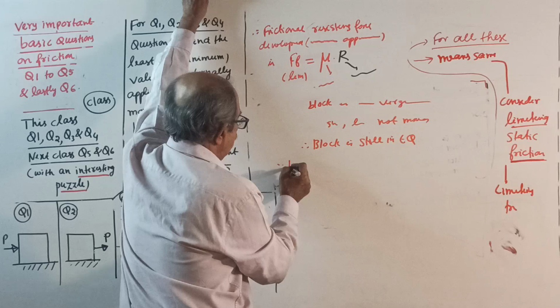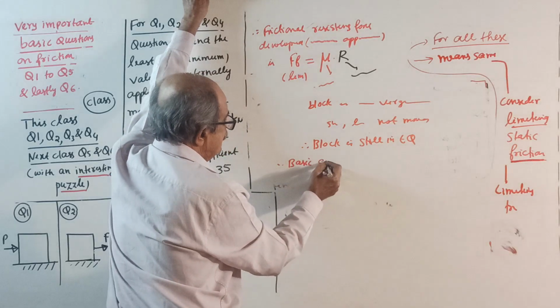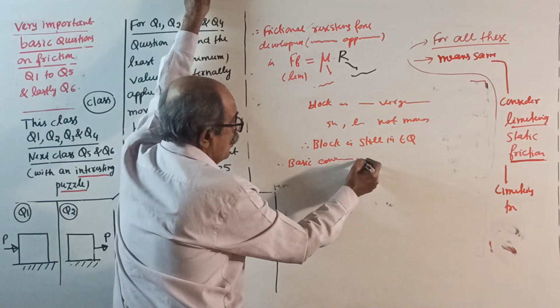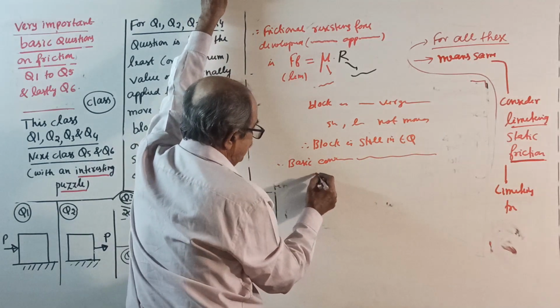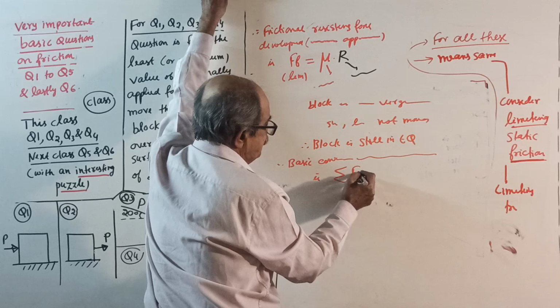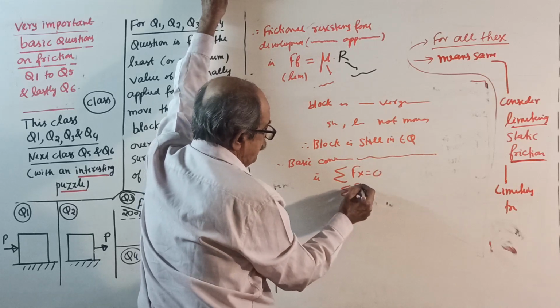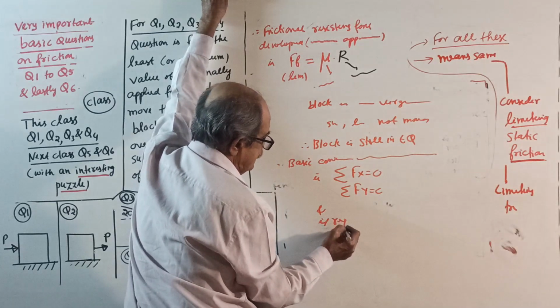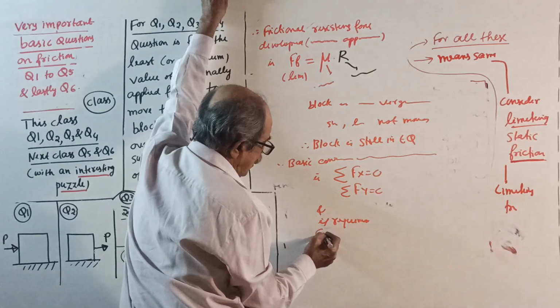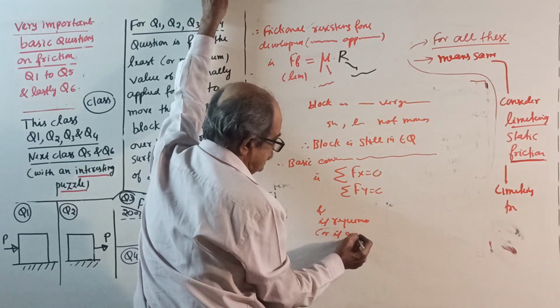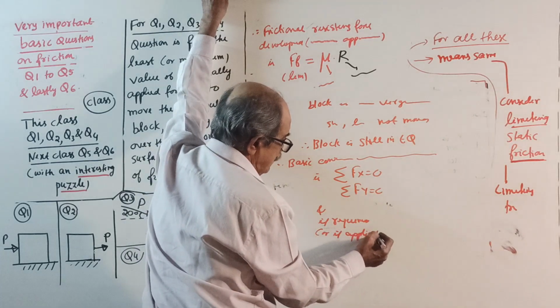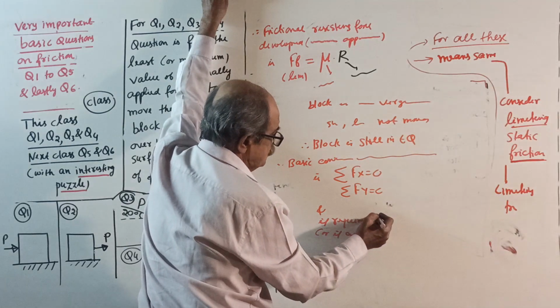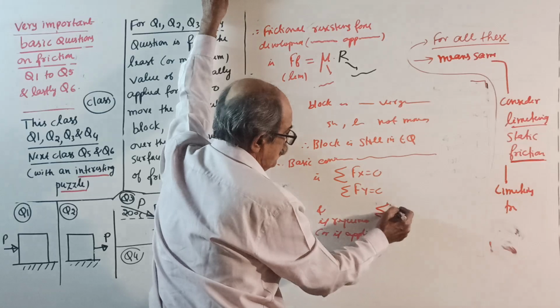Therefore, the basic conditions of static equilibrium, that is sigma Fx equal to 0, sigma Fy equal to 0, and if required, sometimes required, or if applicable, sometimes not applicable, I will explain everything to you. If applicable, the last one, sigma M equal to 0.